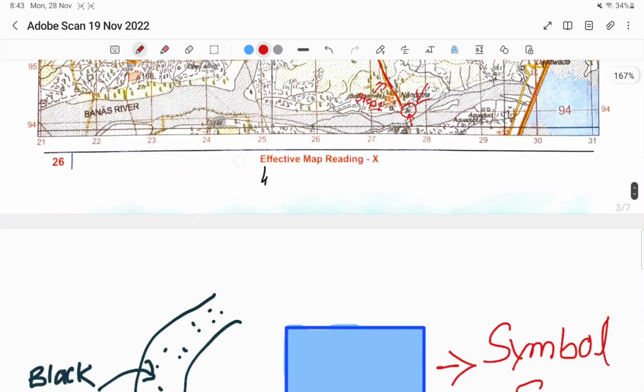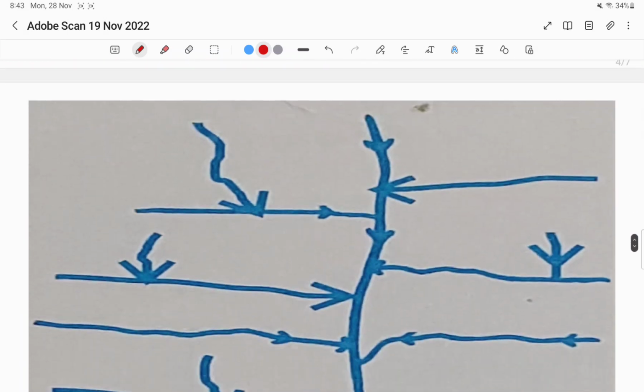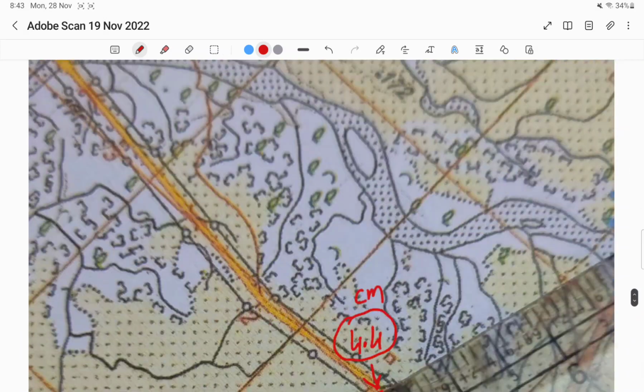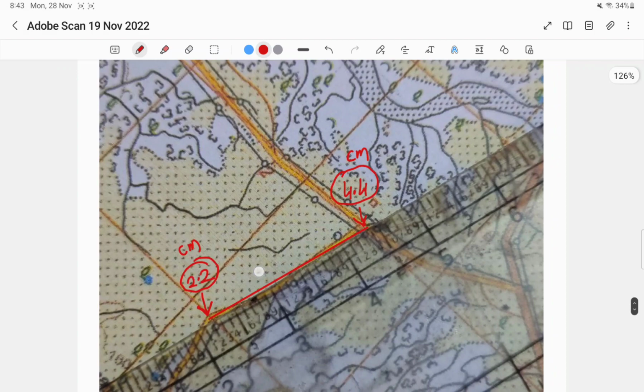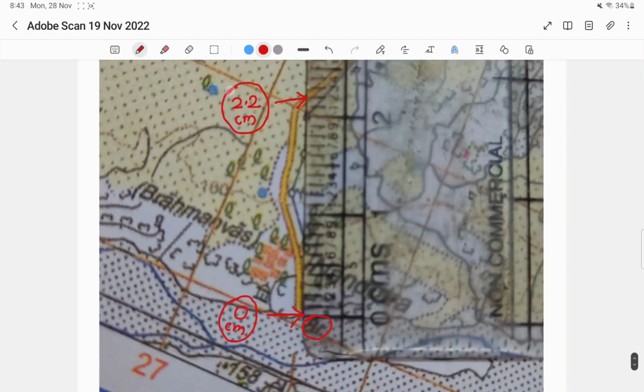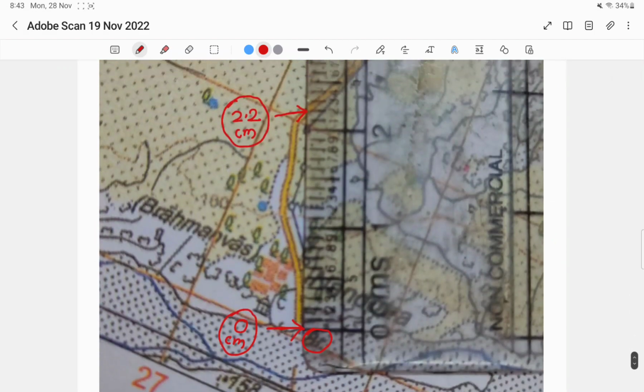I have already done it, let me show it to you. This is step number 1: we have put the ruler at the starting point over here and measured till this point. It is coming 2.2 on your scale.